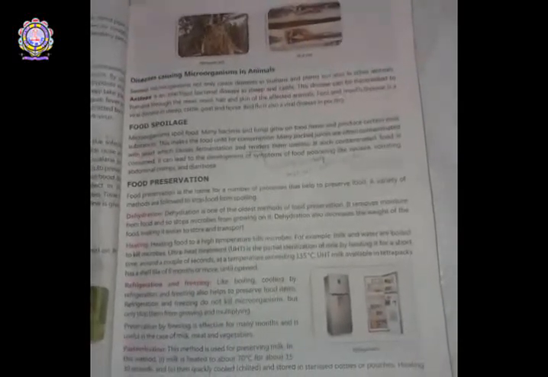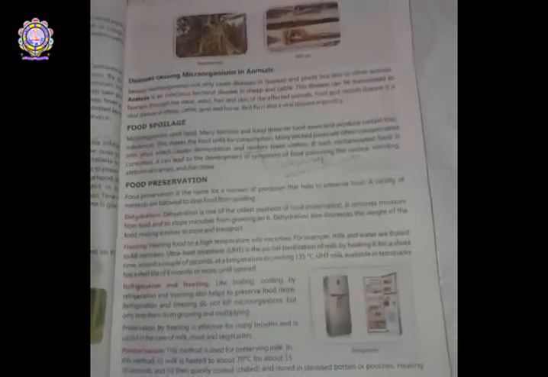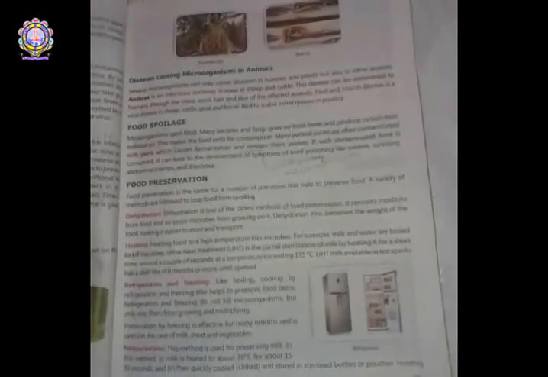It is one of the oldest methods of food preservation. It removes moisture from food and so stops microbes from growing on it, because moisture is the main growing medium of microbes.